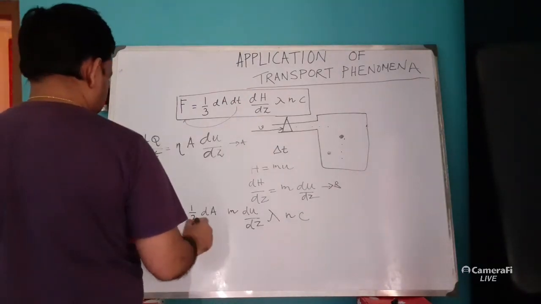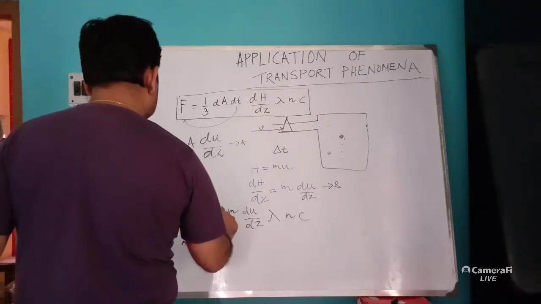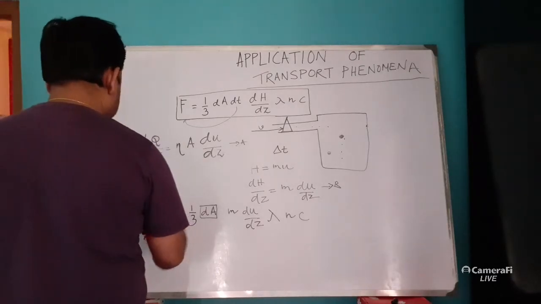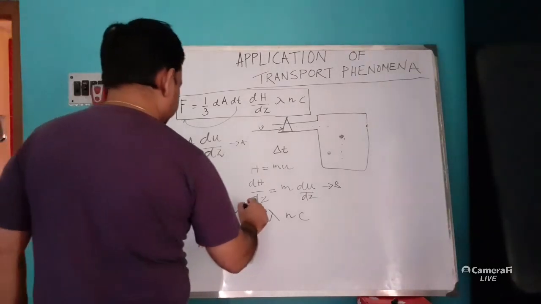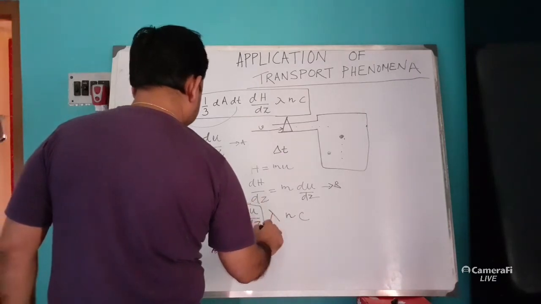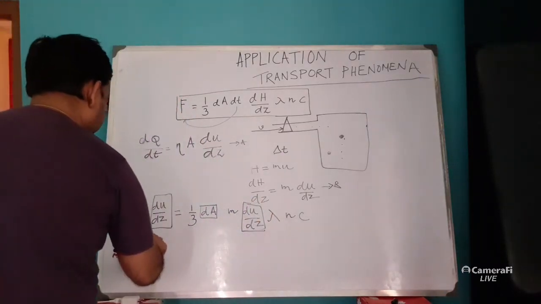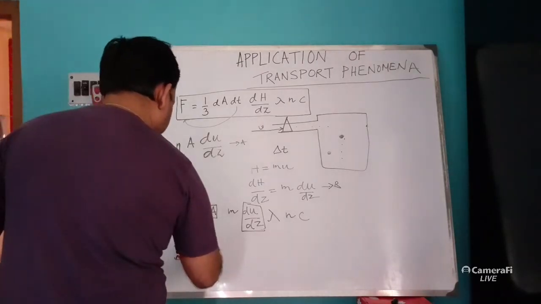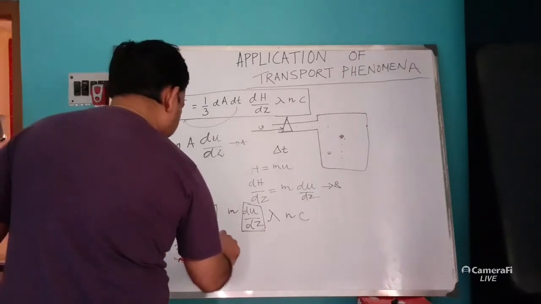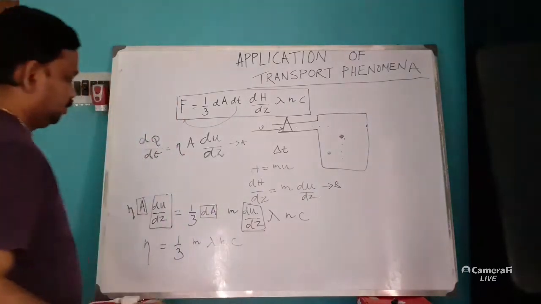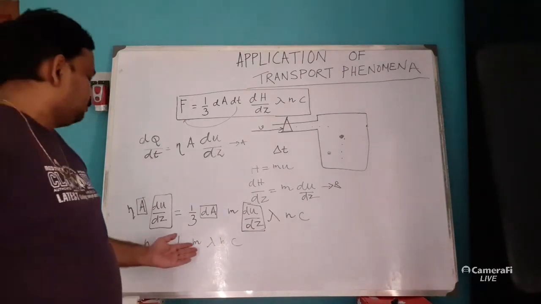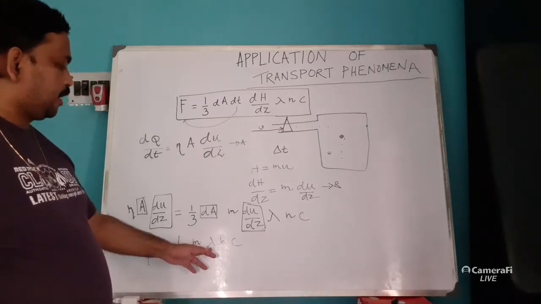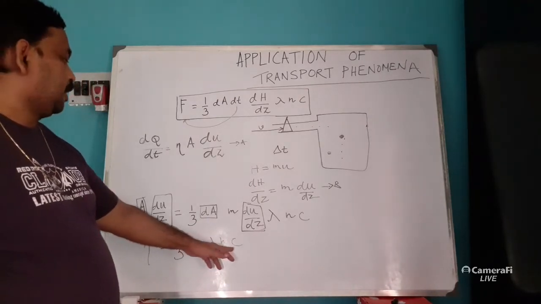So we can put this elementary area approximately. This can be removed, and du by dz can also be removed. So what we have is eta is equal to 1/3 m n lambda c, where m is the mass of the molecule, n is the number of molecules per unit volume, lambda is the mean free path, and c is the velocity of the molecule.